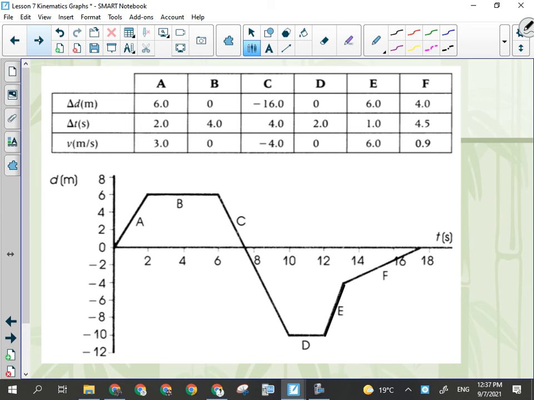How do I know this object has stopped? Because it's flat. Its position doesn't change at all between 10 and 12 seconds. During this section, its position doesn't change, so it's stopped.